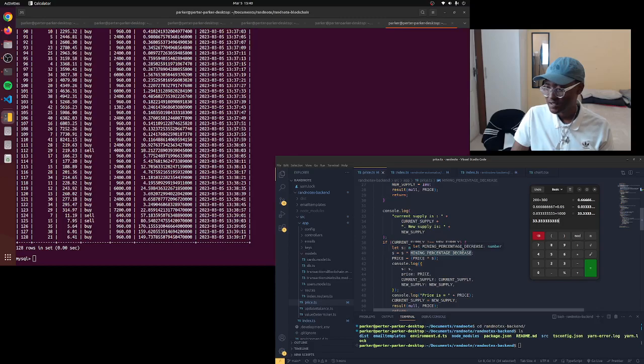How can I change this? Current supply 200 divided by 300 times 10 is 6, and 6 times the price.